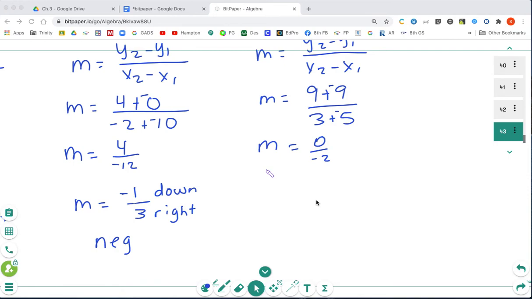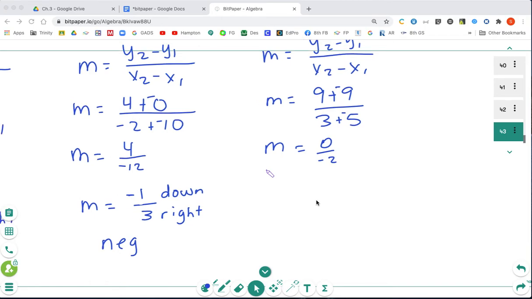All right. So when we have a 0, 0 over anything is 0. So our slope is going to be m equals 0 over negative 2. Hampton rule is we write our negative in the numerator, but of course there is no such thing as a negative 0.